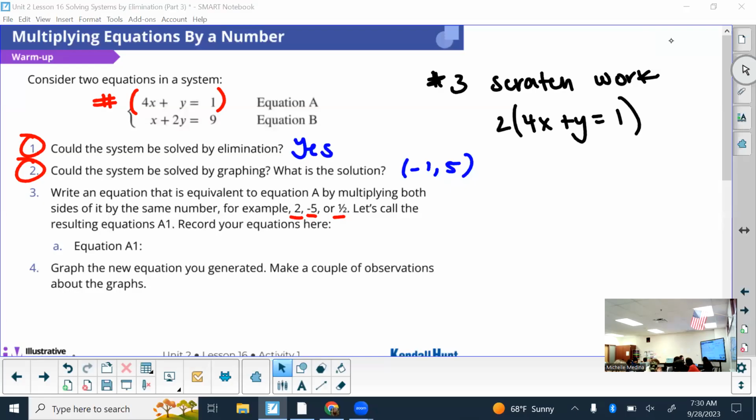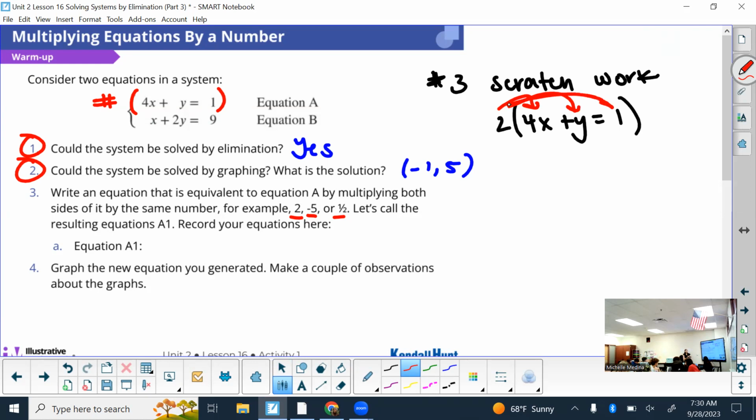Okay, so raise your hand if you were tasked to multiply it by 2. Okay, so hopefully you did it right. Let's kind of see. What you're doing is multiplying all the terms by the same value. I'm allowed to do that because that's what property of equality when I multiply on both sides of the equal sign.